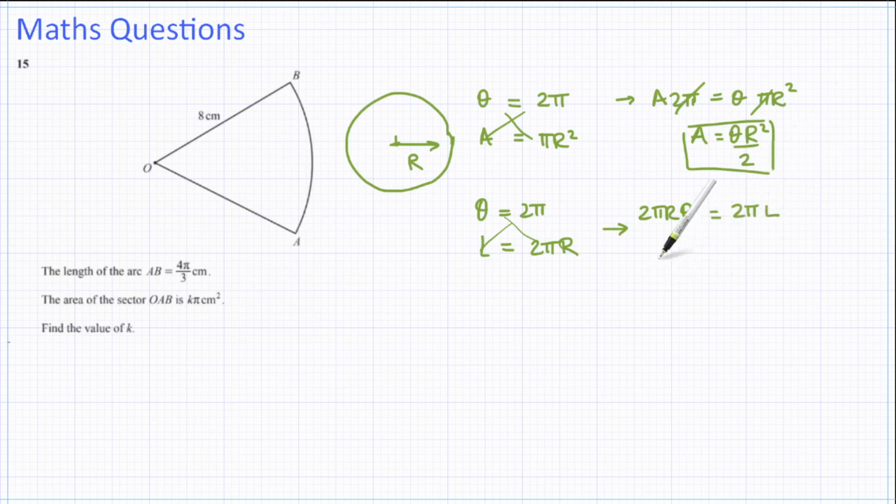Now let's make L our subject, and let's rearrange the equation. We can cross some things out. So the length of the arc is given by the product of the angle and the radius.